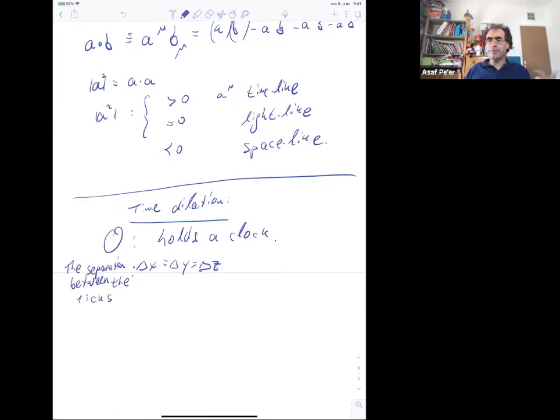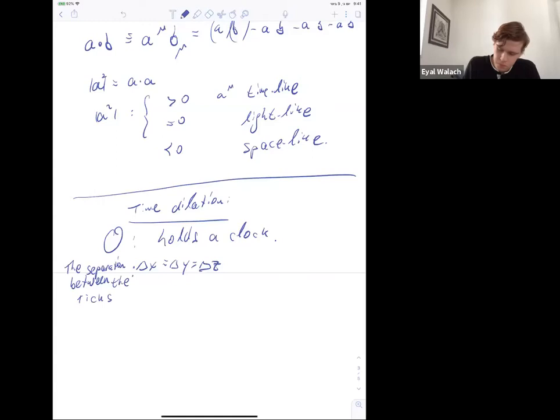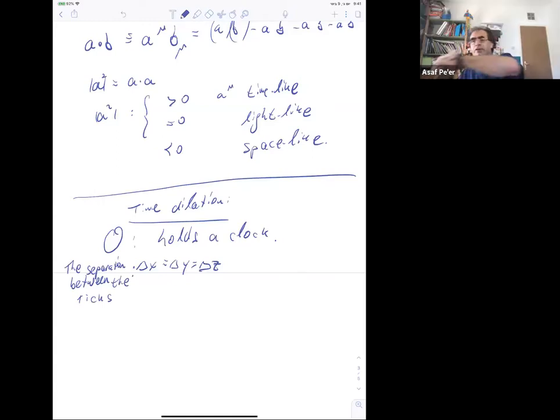What is the spatial separation between the ticks? 0. I'm holding it with me. I can be moving, but relative to me, the clock is not moving at all. I can be flying in an airplane, but the clock is with me. So there's 0. And delta t, we call it dt.